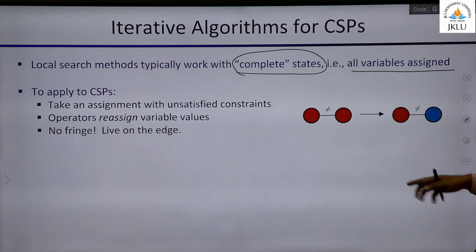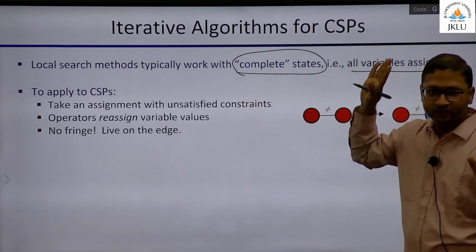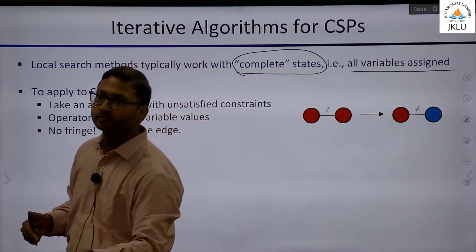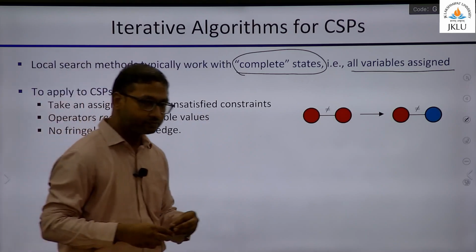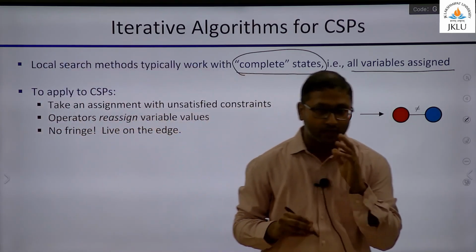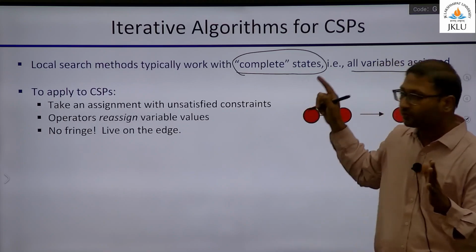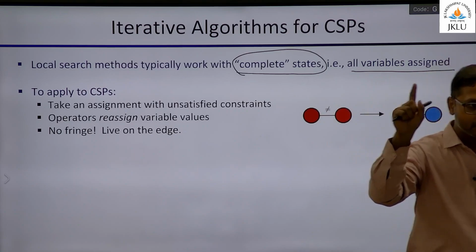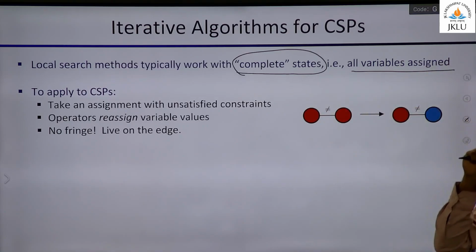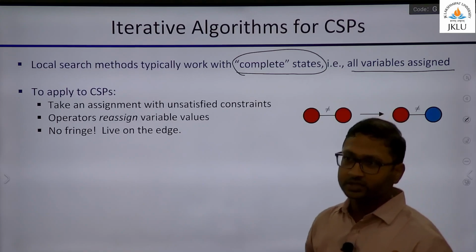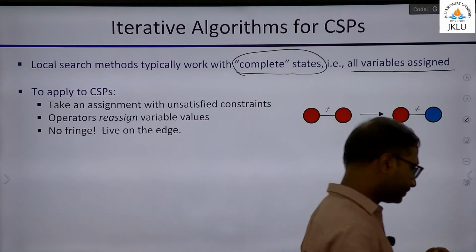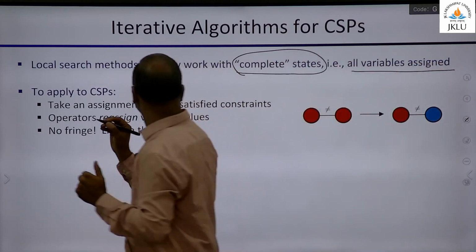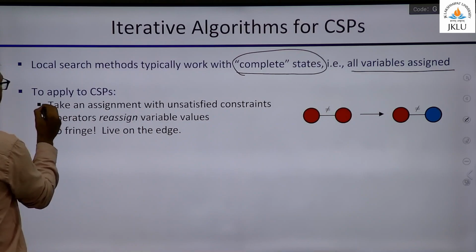So what we are doing here, take an assignment with unsatisfied constraints. See, what is the problem to begin with? You have to solve a problem for all the variables. Variables will take values from their domains, and what has to be satisfied? The constraints. Okay. So it says take an assignment with unsatisfied constraints.